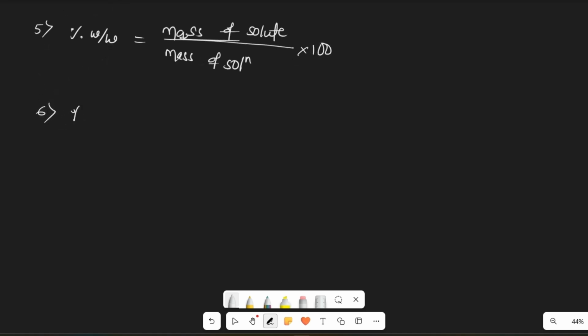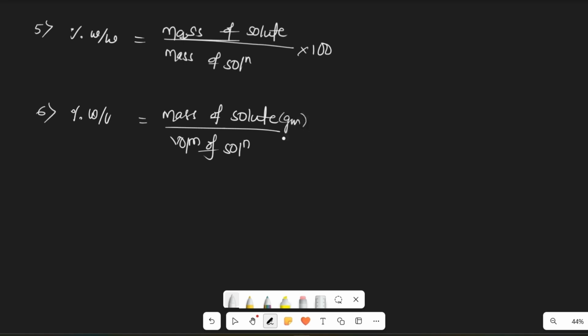And the next one is percentage weight by volume. Here weight by volume means the numerator will be weight and the denominator will be volume. So mass of solute by volume of solution. If it is in gram, it will be in ml, into 100.